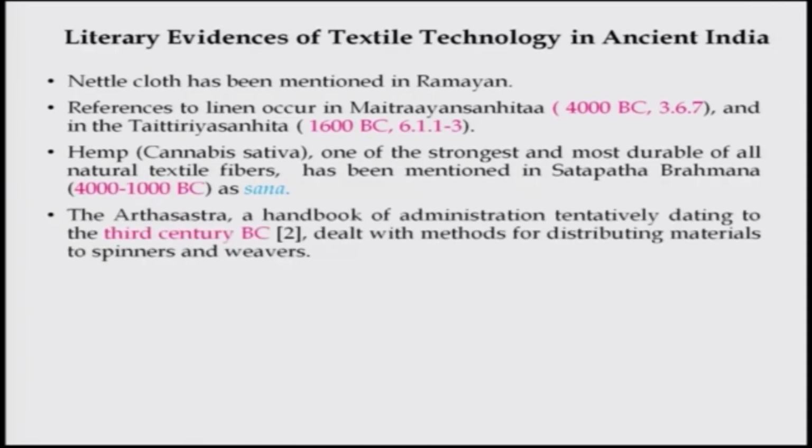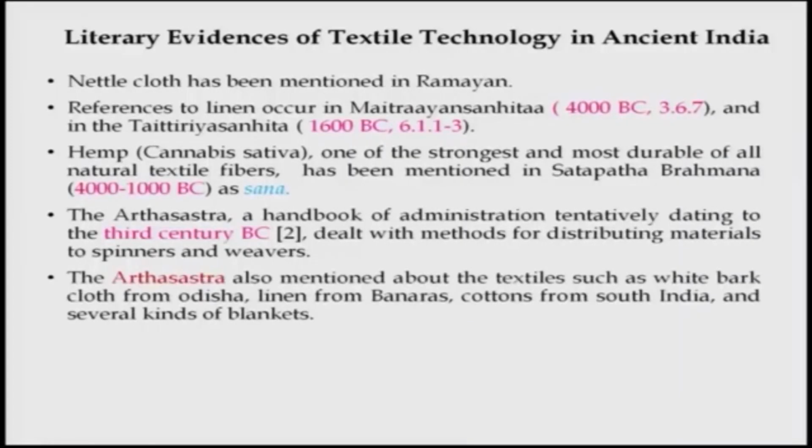The Arthashastra, a handbook of administration tentatively dating to the 3rd century BC, dealt with methods of distributing material to spinners and weavers. That means cotton, jute, linen and other materials were distributed through government machinery at that time, as is being done today.